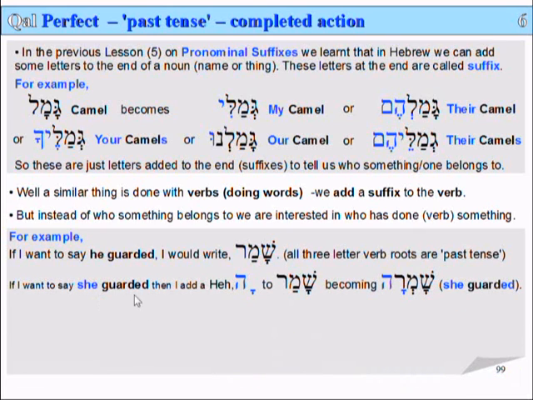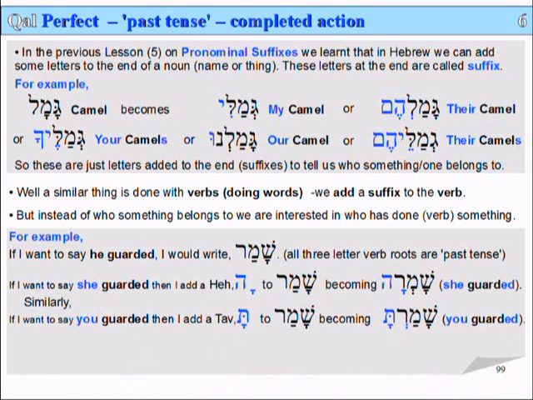If I want to say she guarded, then I add a hey to shamar, becoming shamra, she guarded. Similarly, if I want to say you guarded, then I add a tav to shamar, becoming shamata, you guarded.